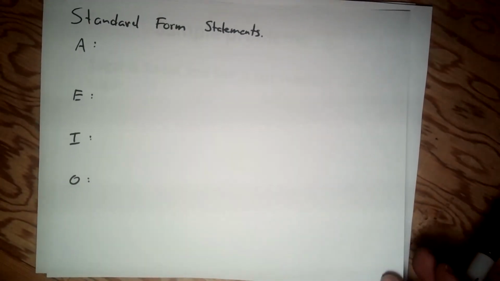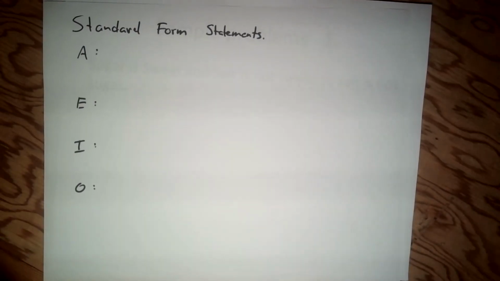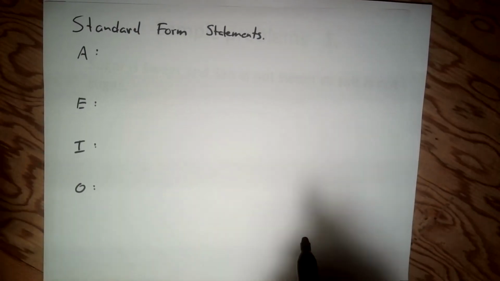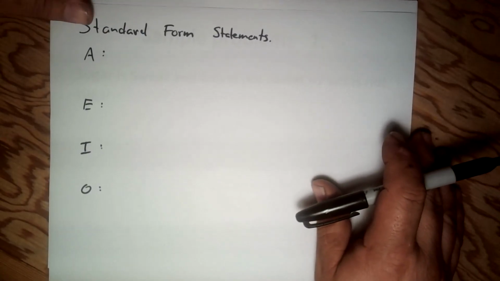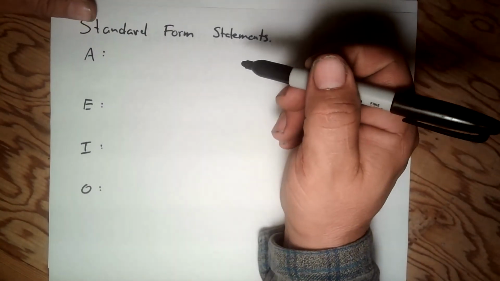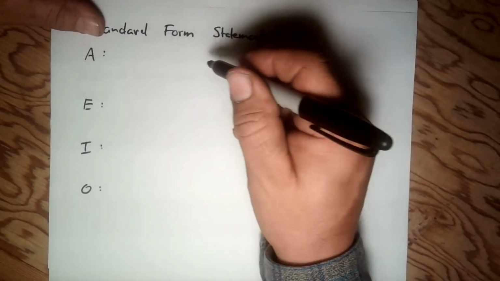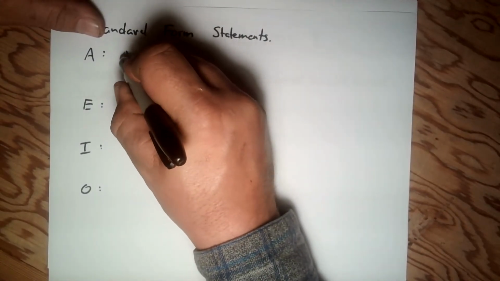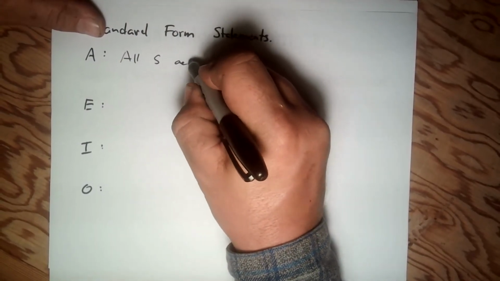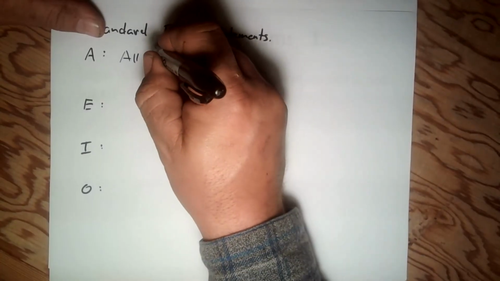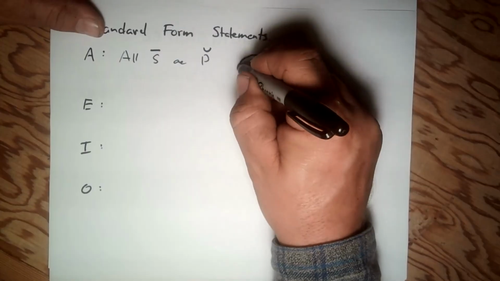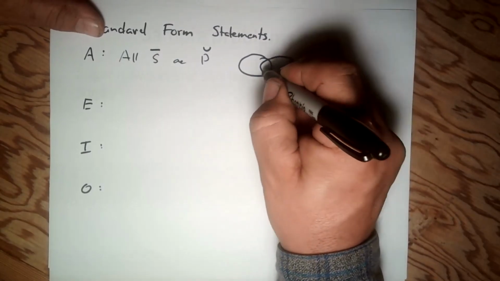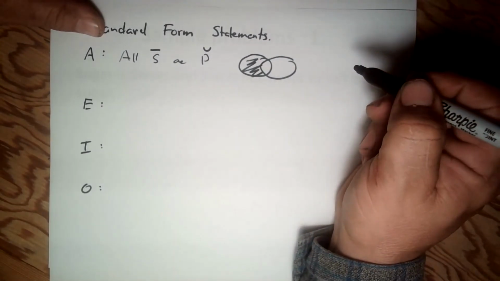I think it's also useful to remind ourselves about our standard form statements. We have 4 possible types. If that isn't obvious to you, you probably need to back up to videos 1 and 2. But we're just going to restate these here, where A is all subjects are predicates, where the subject is distributed and the predicate is not. And the 2-circle diagram looks like that.